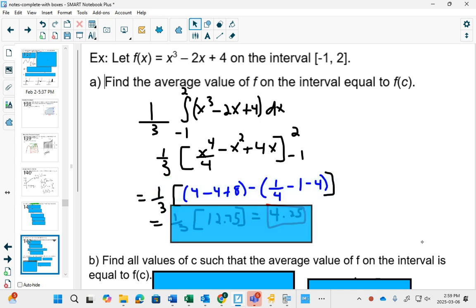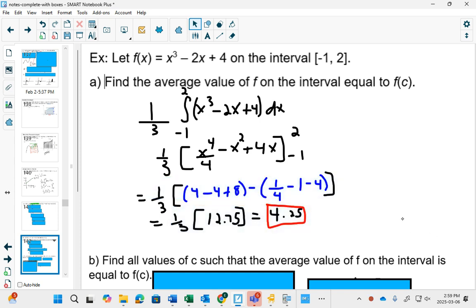Plug in your numbers, and you get 4.25. So the average of our function is 4.25.